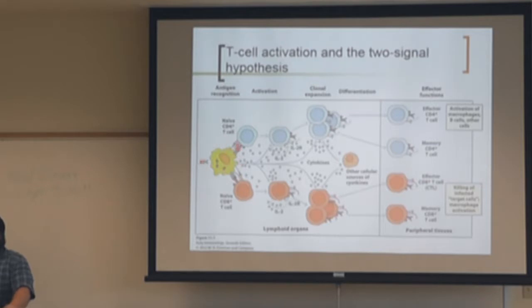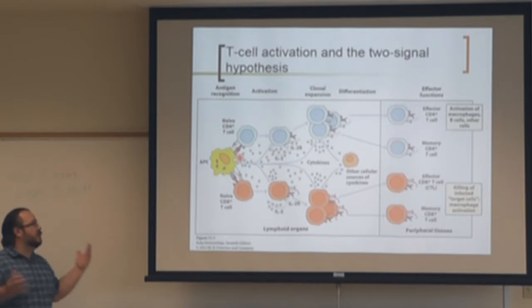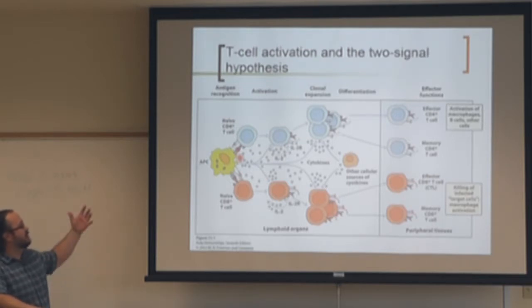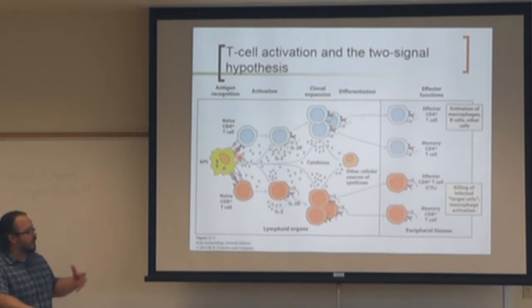This is where APCs are special, in that they are the cells that express co-stimulatory molecules that give that second signal. If this T cell comes along and finds an epithelial cell that it binds to, that epithelial cell is not going to have that second signal, and therefore it's actually going to induce what's called anergy, which is a state in which that T cell is not going to proliferate in response to antigen.